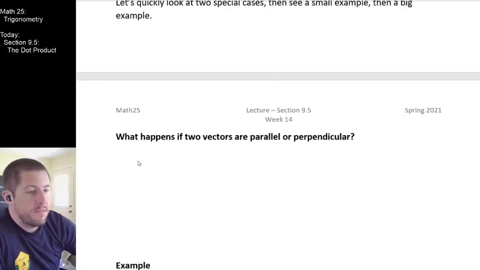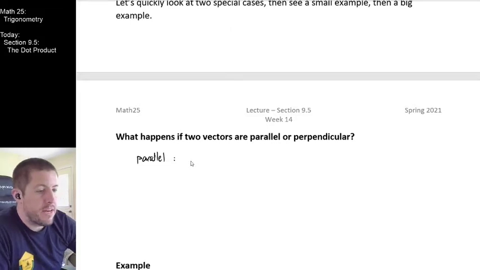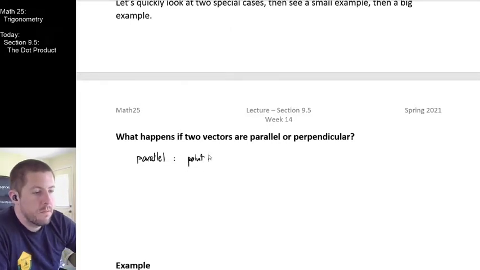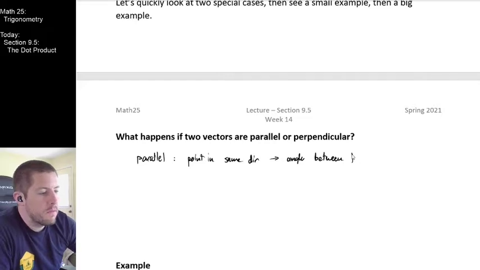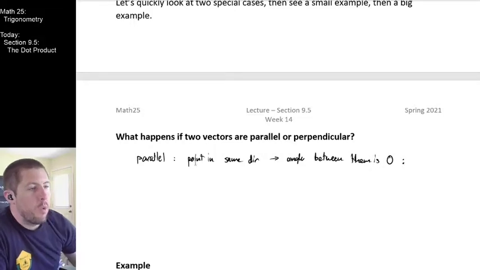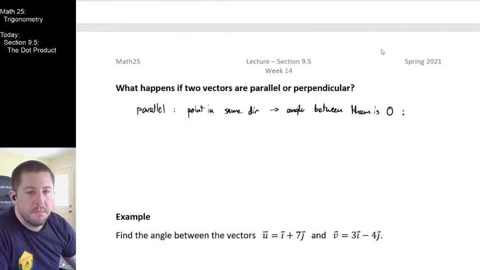So first things first, if two vectors are parallel, then that must mean that they are pointing in the same direction. And that must mean the angle between them is 0. So we just came up with the formula up here. I'm going to use this middle one right here.